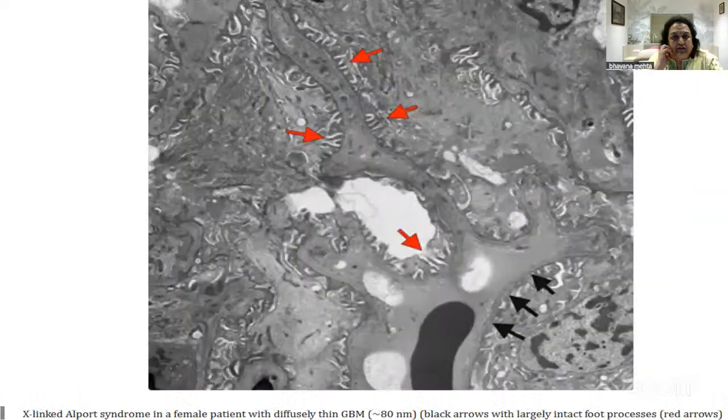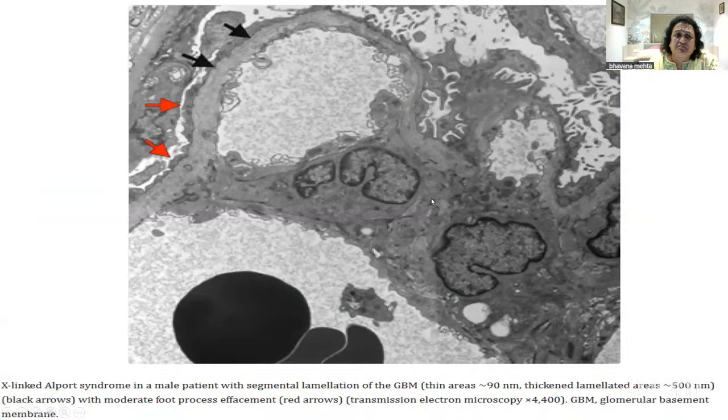In case of Alport syndrome, there will be different sizes of the capillary basement membrane. Here, with the black arrow, this is the thinning of the basement membrane, and with the red arrow, we can see the thickening of the basement membrane. Here, we can appreciate the thickening of the glomerular basement membrane along with lamellation.